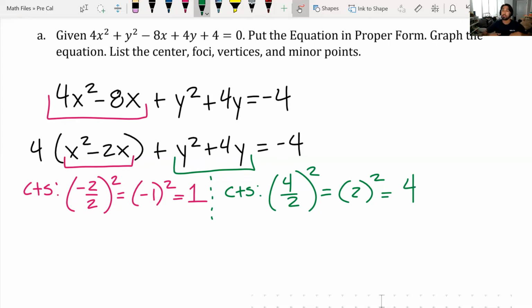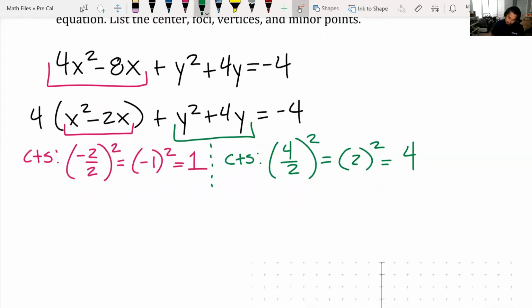What we do with these numbers is we add them to both sides. Okay. So when we add these to both sides, here is what we have. 4 times x squared minus 2x plus the one we just found.